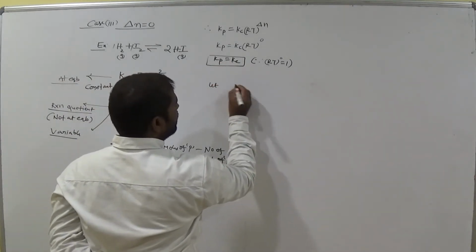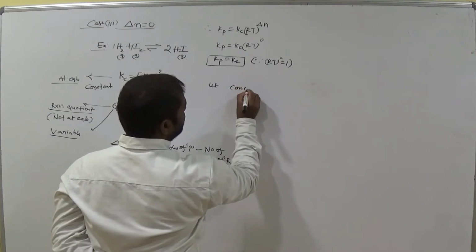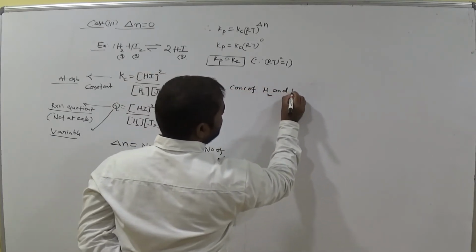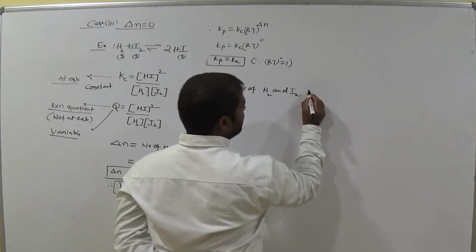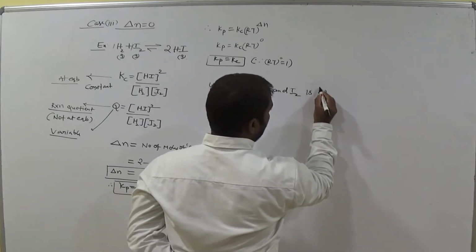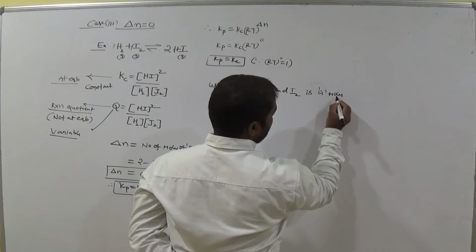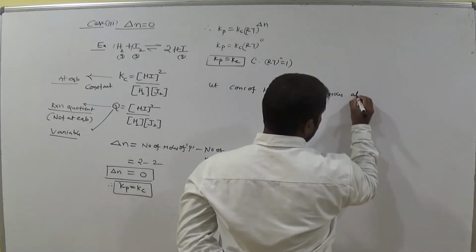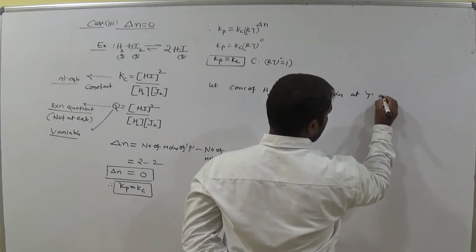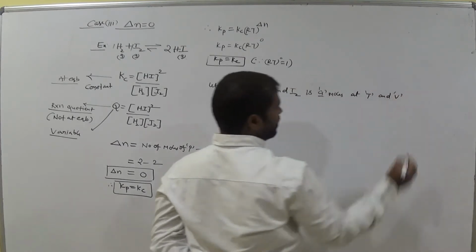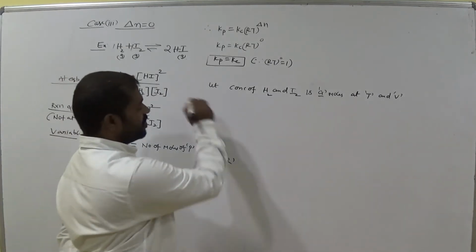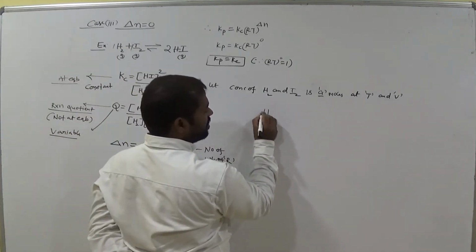Is it clear? So now let the concentration of H2 and I2 be A moles, at temperature T and volume V. Okay. So now what is the given equation?